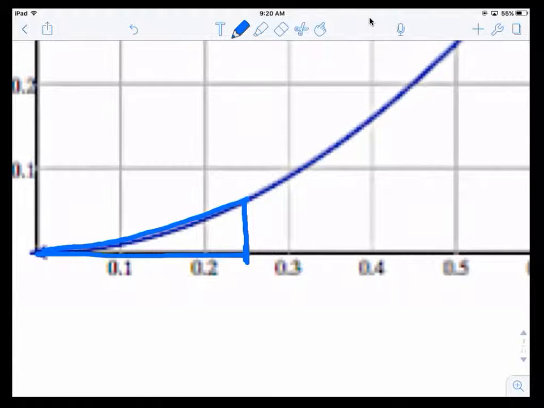But I mean, it could be like a trapezoid, so the one base has a height of 0, right? We could use that.